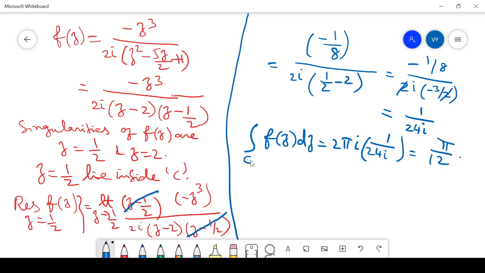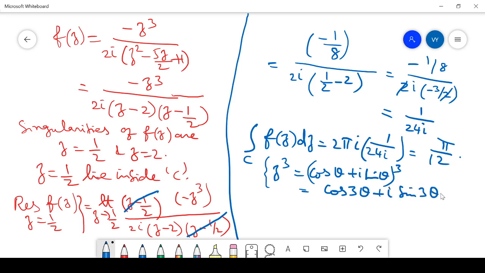If you remember, instead of cos 3 theta we took z cube, and what is z cube? z cube is cos theta plus i sin theta whole power 3, and when you apply De Moivre's theorem, it becomes cos 3 theta plus i sin 3 theta. So I have to equate the real parts.